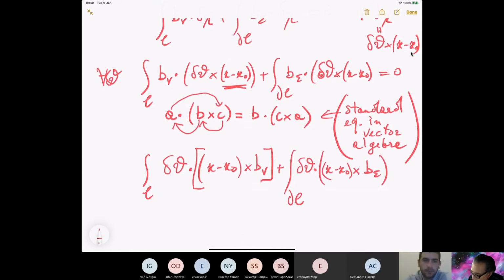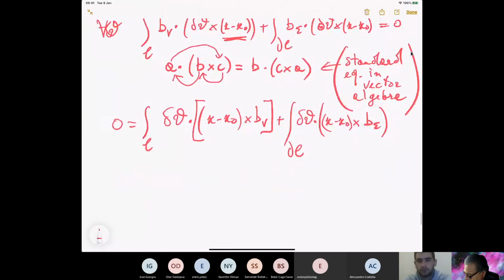And this has to be equal to 0 for every delta theta.